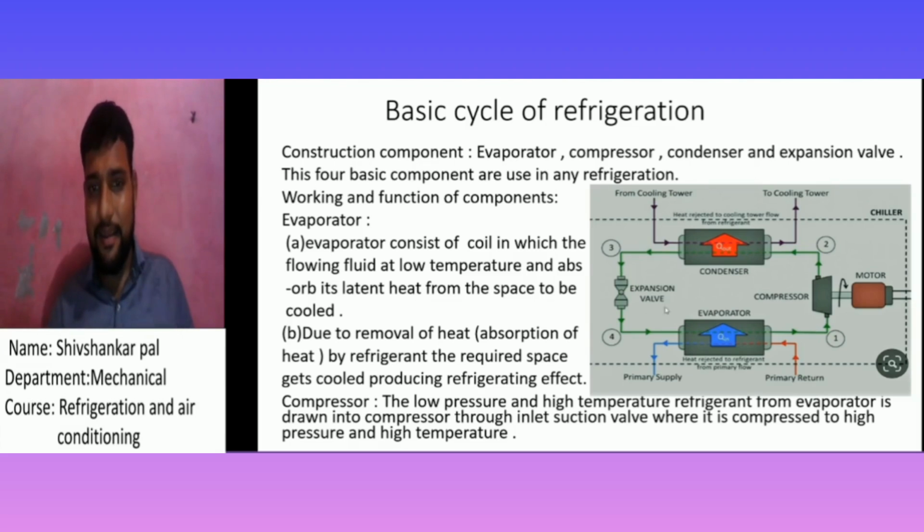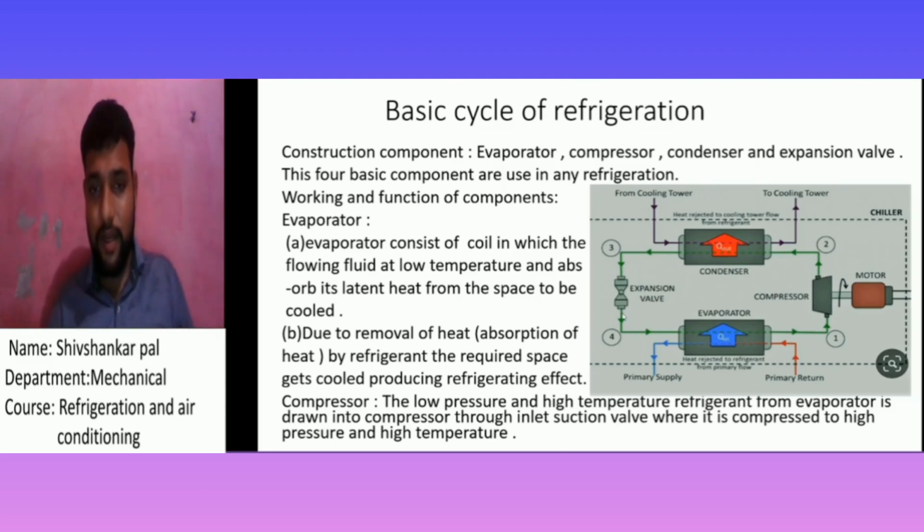So this pressure decrease is required in the expansion valve. Before the expansion valve the refrigerant has high pressure and decreased temperature, and it is reduced during the expansion valve.